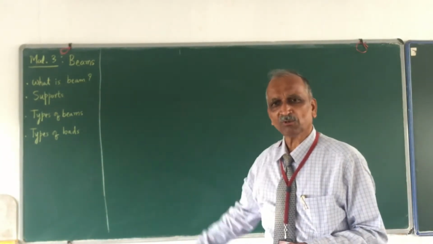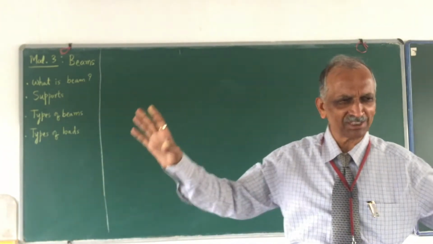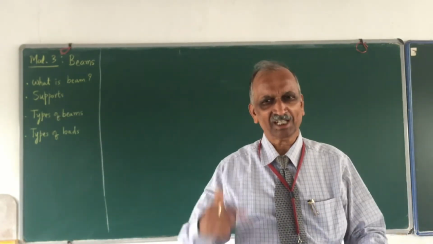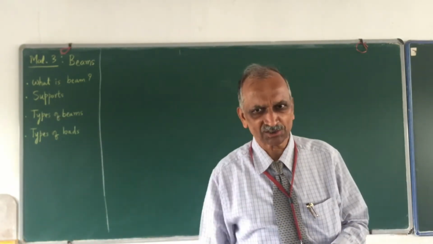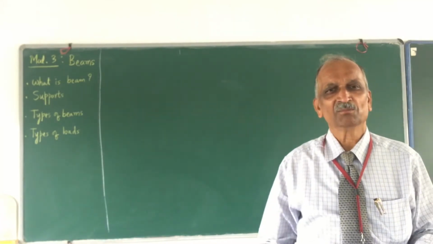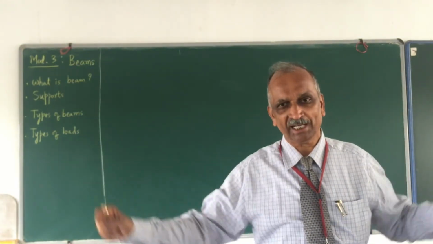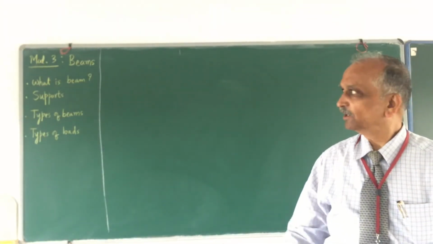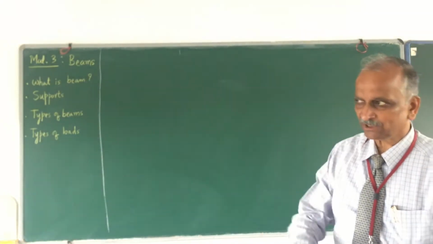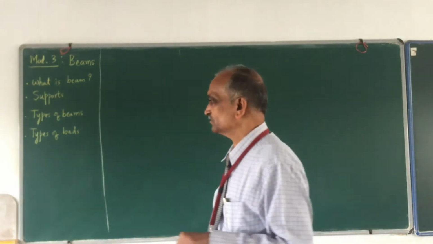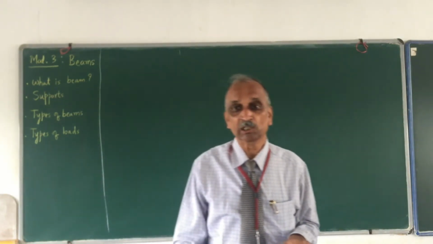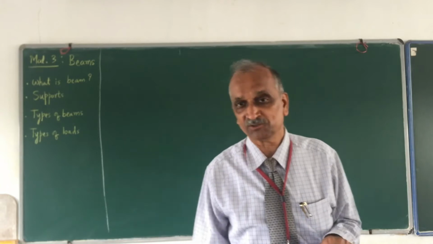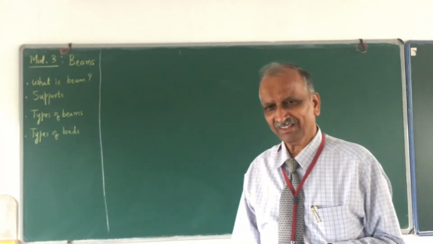Now the member remains the same, a long member having relatively smaller cross-sectional dimensions, but the loads are not along the axis, the loads are perpendicular to the axis. That is called a beam. What is a beam? A beam is a long member having smaller cross-sectional dimensions subjected to loads perpendicular to the axis.